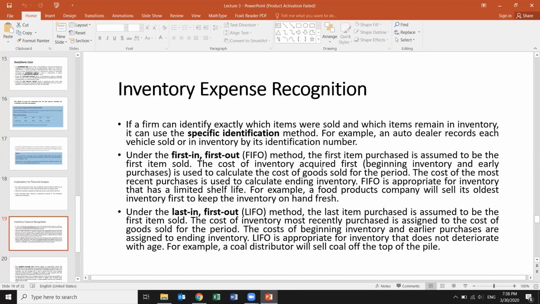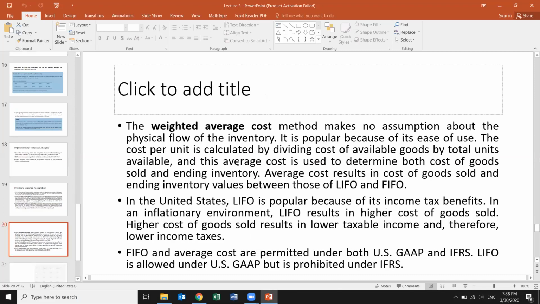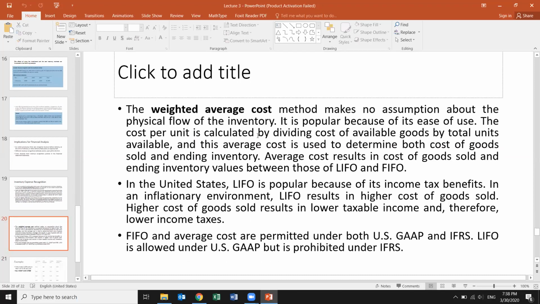With LIFO, the last item purchased should be the first item sold. In this way you are measuring the cost. The third method is the weighted average cost method, which makes no assumption about the physical flow of inventory. It just takes an average of the cost, and with this average they calculate the ending value and cost of goods sold.